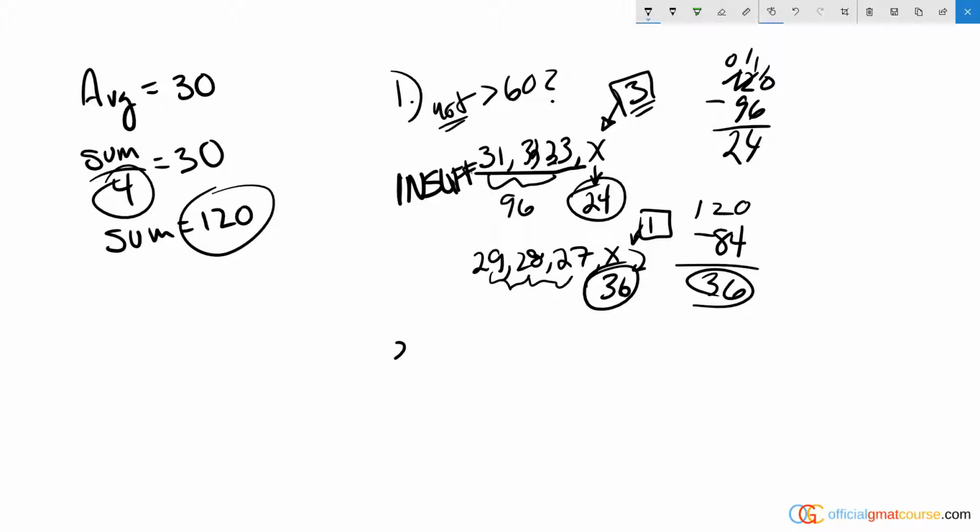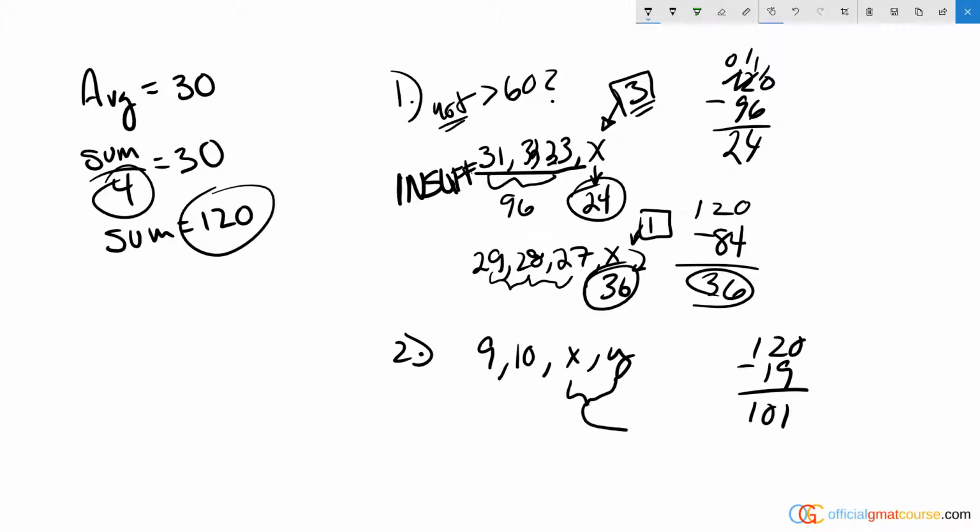All right, looking at statement 2 on its own, 2 of the 4 numbers are 9 and 10. Okay, so we have 9, 10, and then 2 other numbers. Well, that tells me of the 120, 19 is taken up by 2 numbers, which leaves 101 for the total of X and Y. Now, we can't use the information from statement 1 because we're evaluating statement 2 on its own.